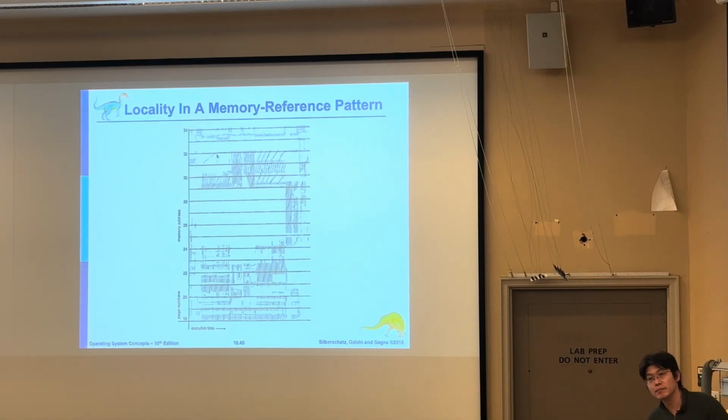That's the minimum number of pages you need to fit this working set and this working set. And then when it shifts, this working set is smaller, from 24 to 34, which is 10 or 11 pages. So to avoid thrashing, you need around 12 to 13 pages.